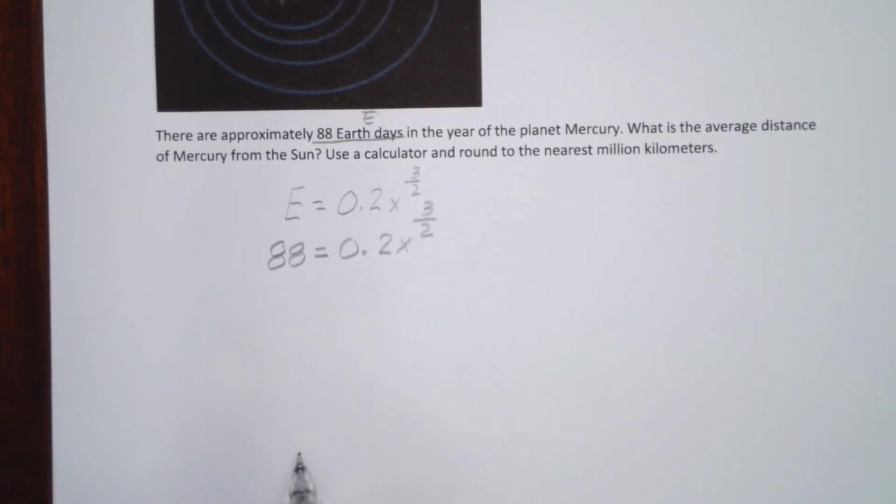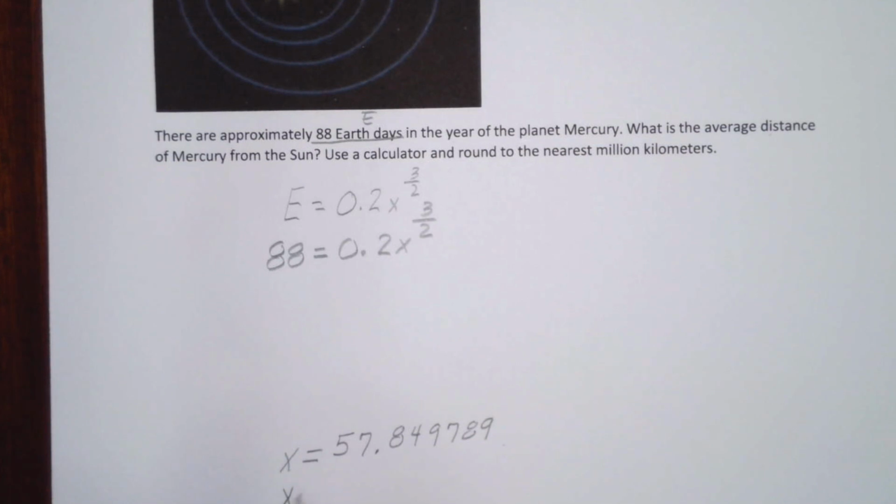And you should get the answer of x is equal to 57.8498789, and it wants us to round to the nearest million kilometers, so this will be approximately 58 million kilometers.